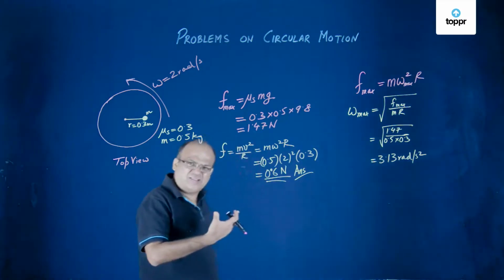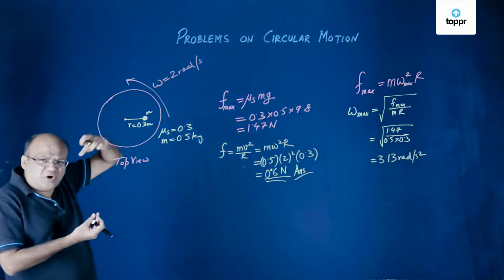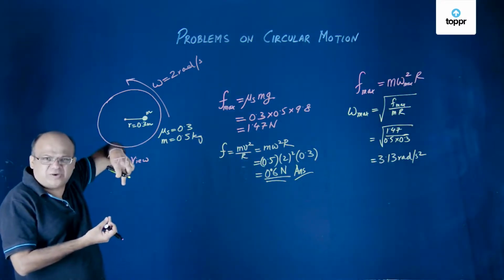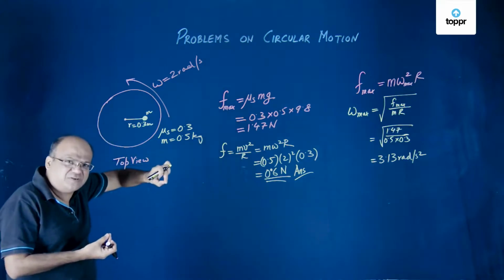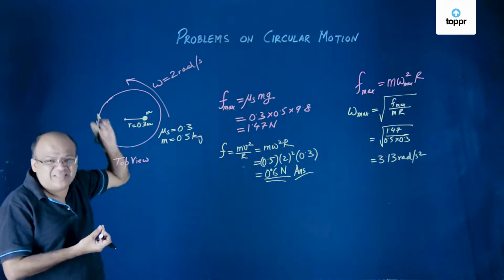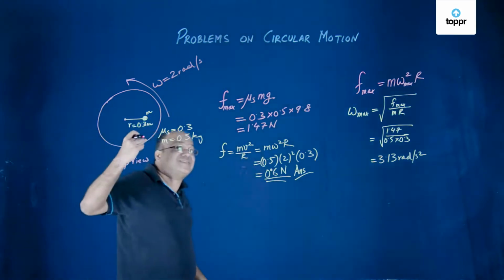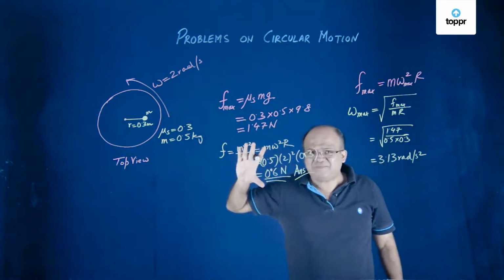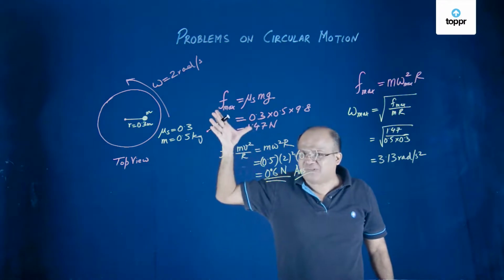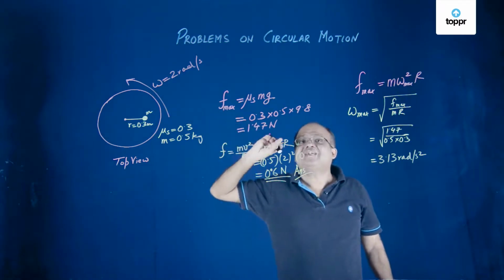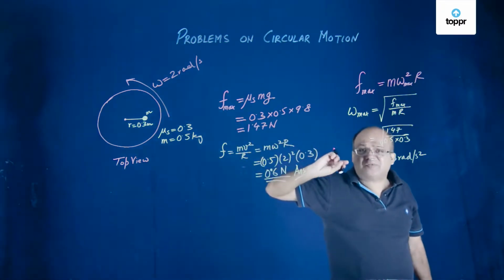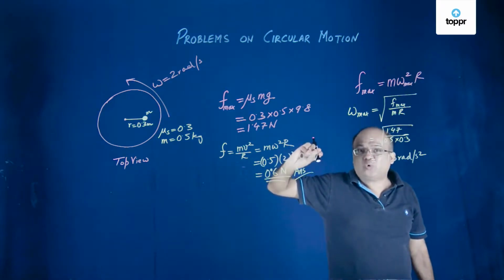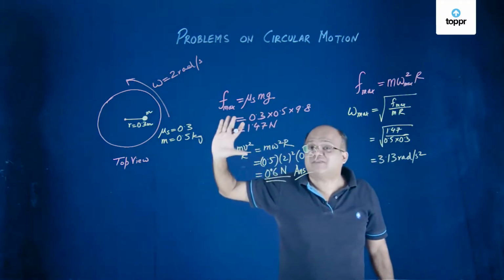So we learnt in this question that when a body is there on a rotating table, the static friction between the body and the table provides the necessary centripetal force. If omega is less than the maximum possible, then the friction that comes into play is equal to whatever is required for centripetal force.